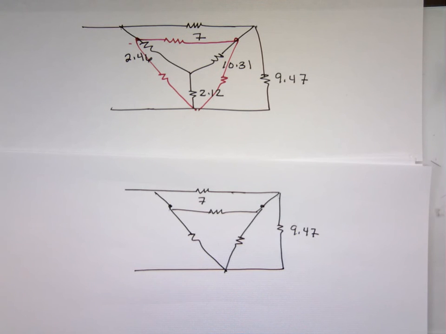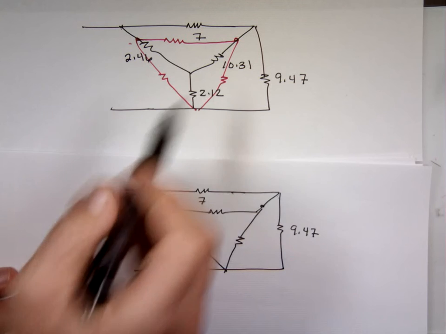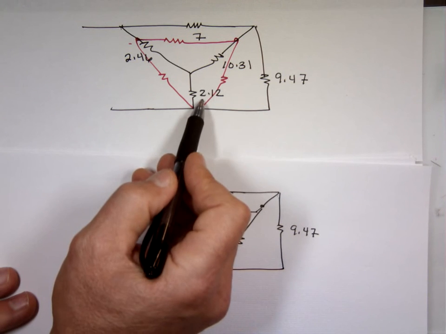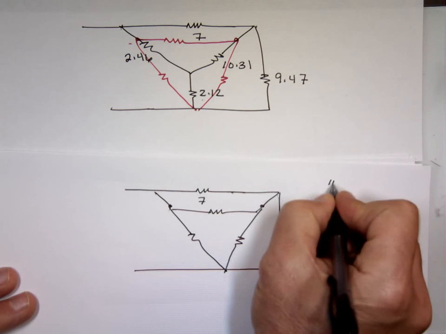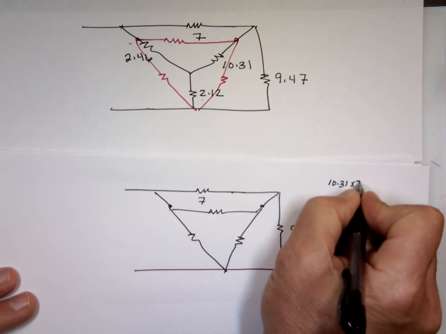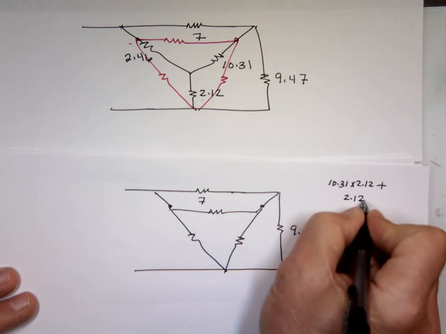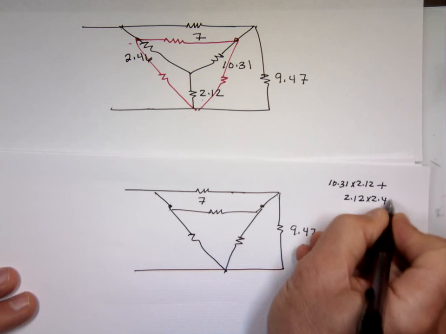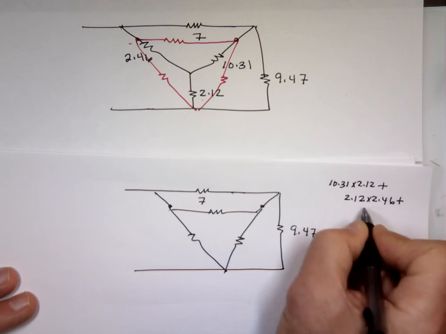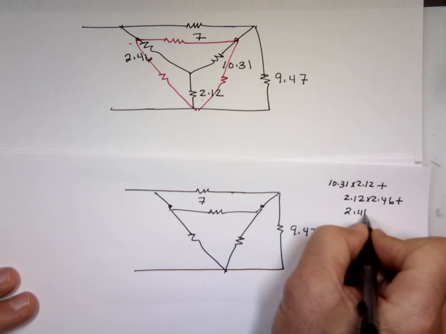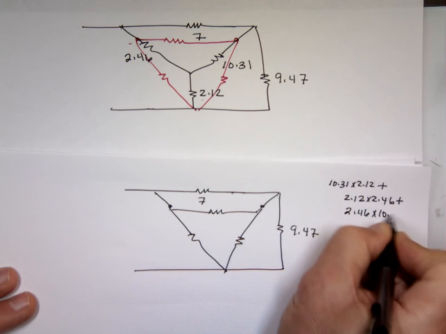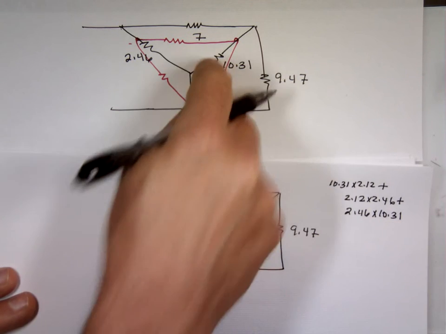The top for all of them, the top is going to be what? 10.31 times 2.12 plus 2.12 times 2.46 plus 2.46 times 10.31. This times this, plus this times this, plus this times that.